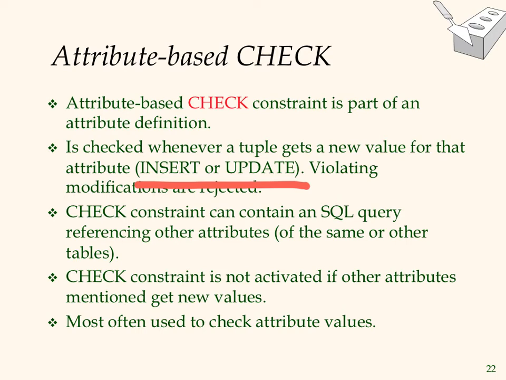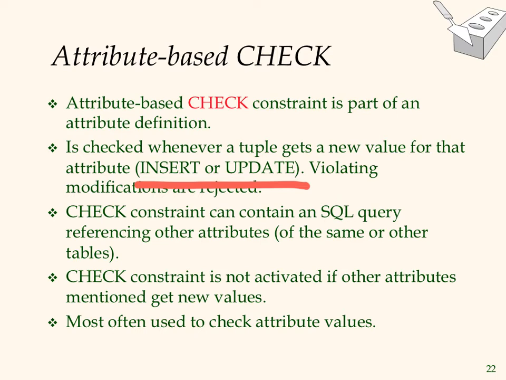So even though you may be imposing the constraint on, say, the rating attribute, you could be relating that to age. And the consequence of associating a check constraint with an attribute, like let's say rating, is that if other attributes are updated, the system won't check.